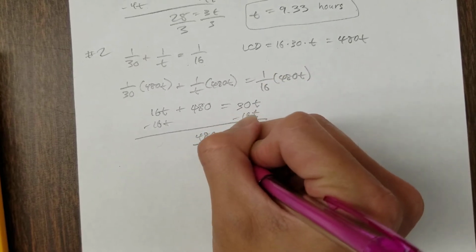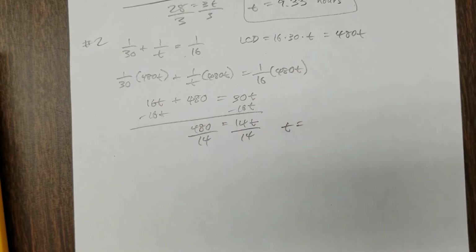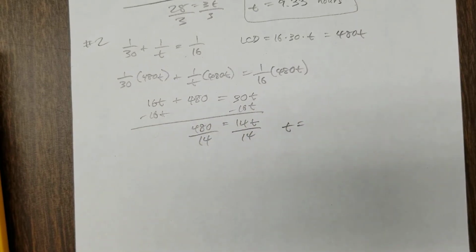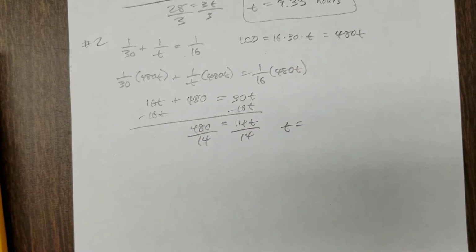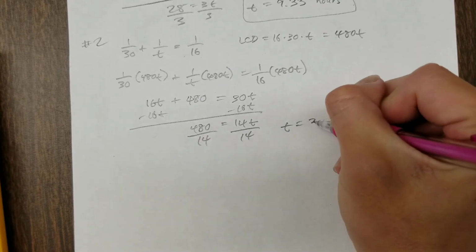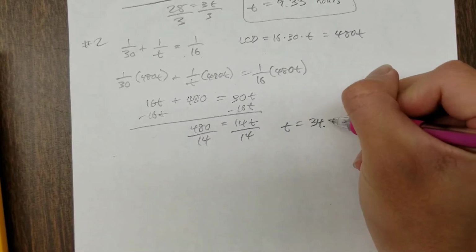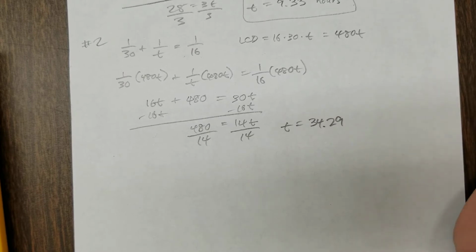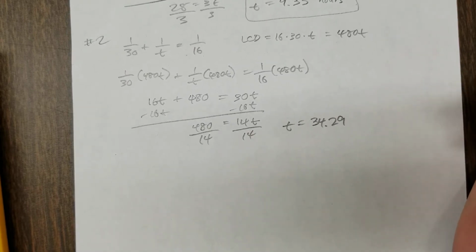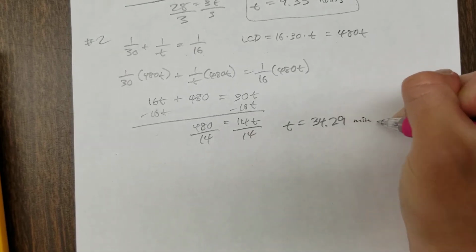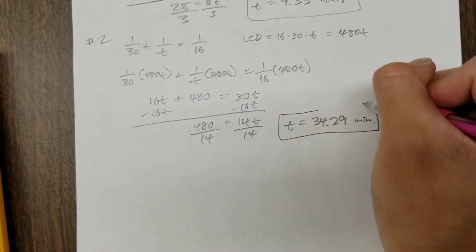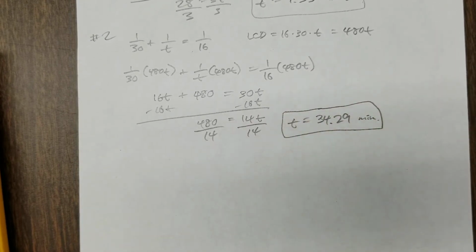Divide by 14. And then t is going to be 34.29. And what was our unit? Minutes. So 34.29 minutes. So that's how long it will take Ross to mulch the garden.